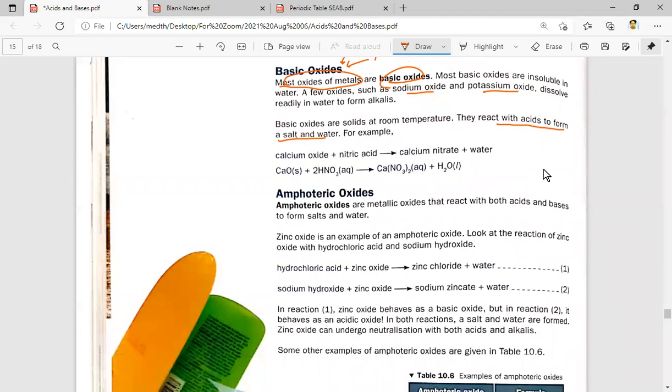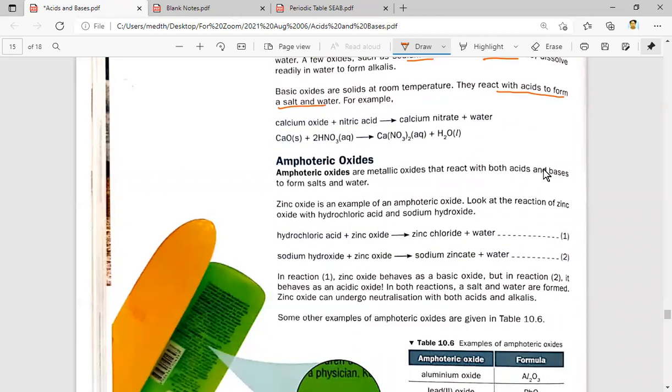So the next one that we're going to look at is amphoteric oxides. This one is interesting because they are metallic oxides. So take note, they must be metal, reacting with both acids and bases. So this one here is a tick, react with acid. This one is also a tick, react with alkalis. So this is actually how you differentiate between whether it's acidic, basic, or amphoteric.